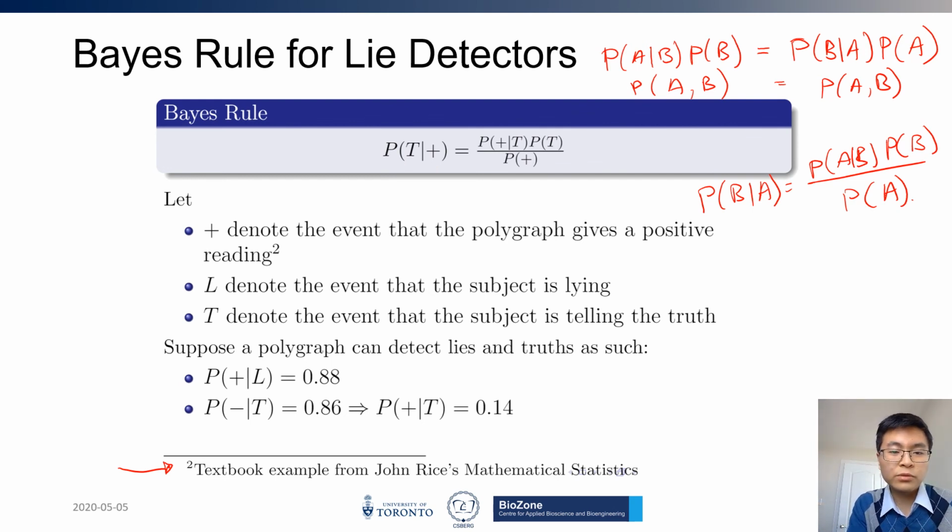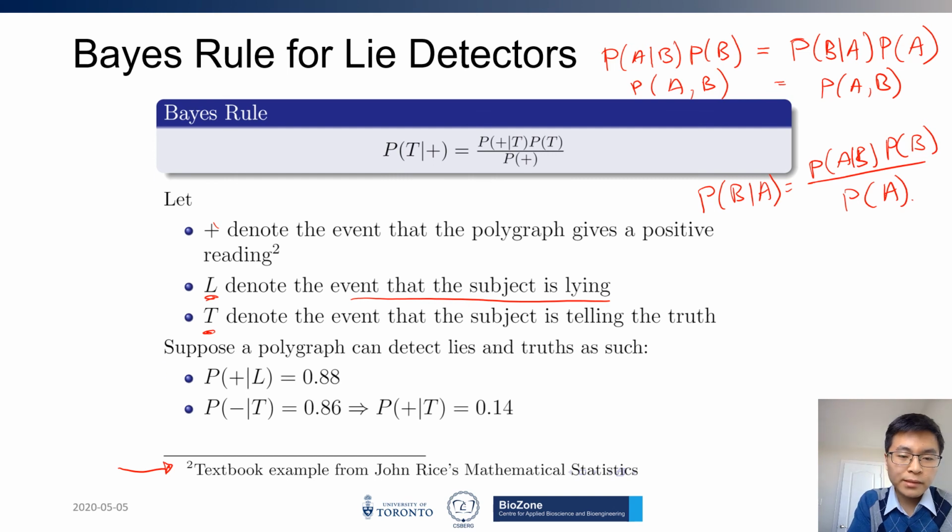We're doing Bayes' rule for lie detectors, so the lie detector could give a positive reading, i.e. the polygraph predicts that the subject is lying. L is the lie, but it's the actual ground truth of the data, i.e. this is the event that the subject is lying, and T is the event that the subject is telling the truth.